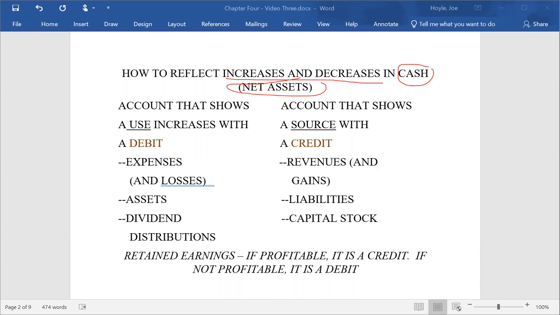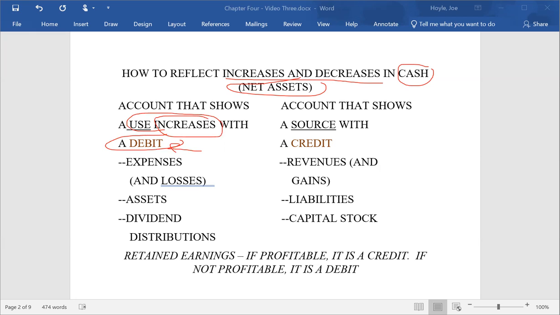So first, we're going to look at what I refer to as the debit accounts. These increase if they are a use of either cash or net assets. I'll repeat that. You use a debit account if it's a use that increases in your accounts.